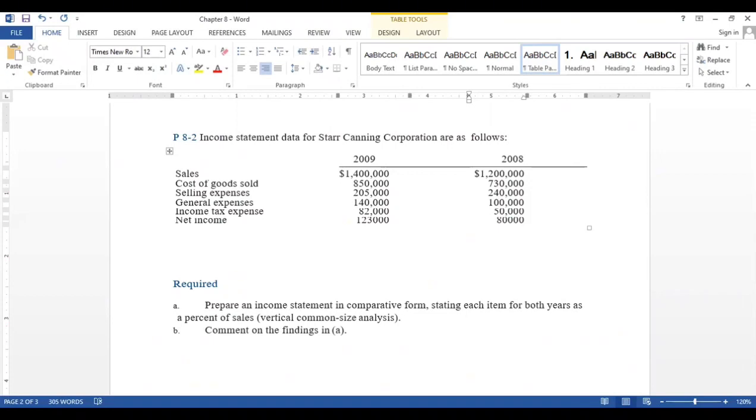Let's perform the vertical common size analysis. We need to divide each item with the sales value.